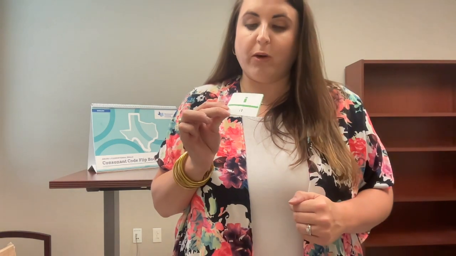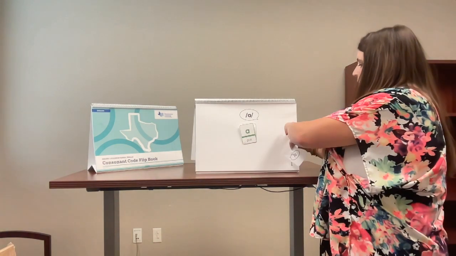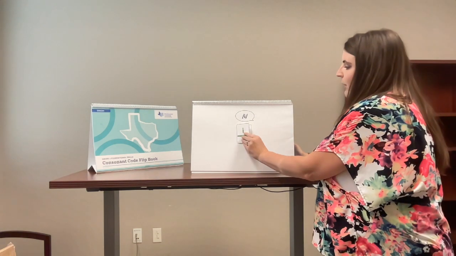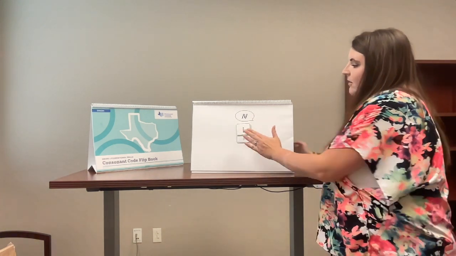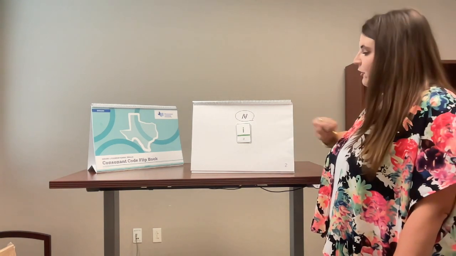I, very good. What do you notice about the power bar? It's thick, good. So this is probably going to be the most common spelling for the I sound. Let's put this on our vowel code chart. I'm going to find the I, and we're going to practice this. Ready? I, it, I. Your turn.